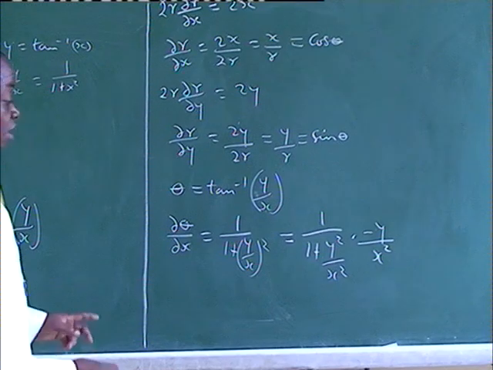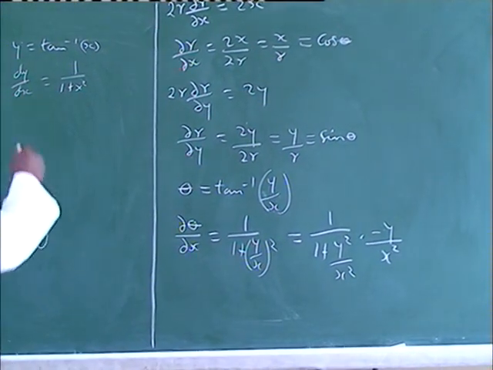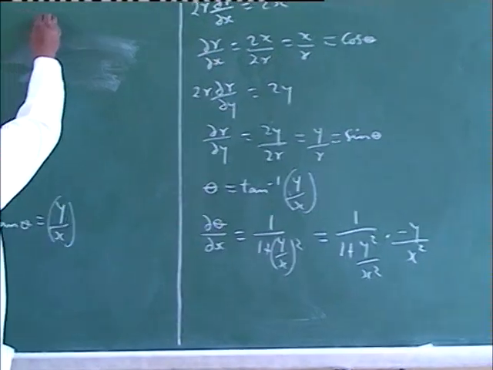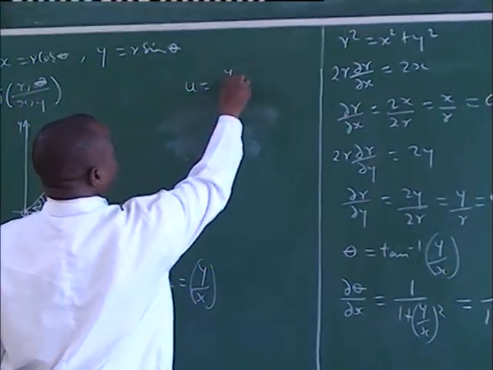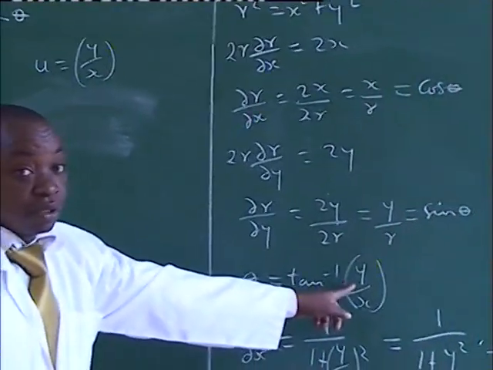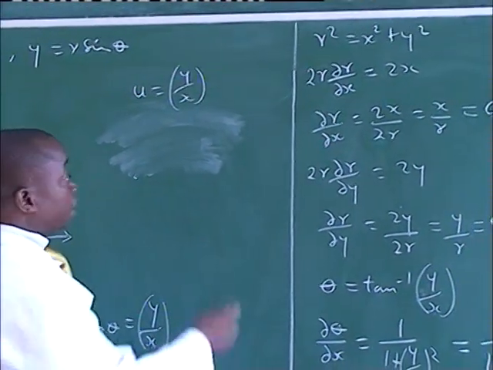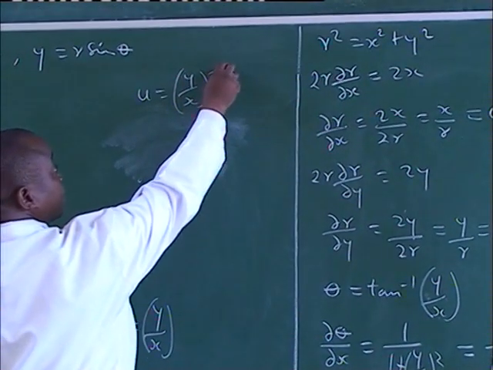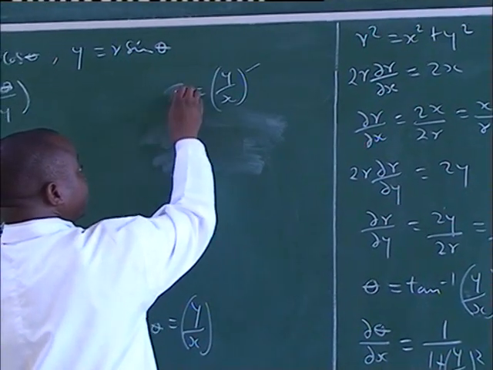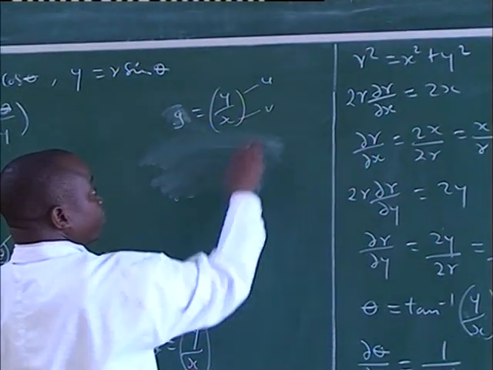Okay, let's do the practical part of this so that we'll also get it right. Now u is equal to y all over x. Look at this, this is u. So by the quotient rule, let me use g, so that now let this be u and let this be v.